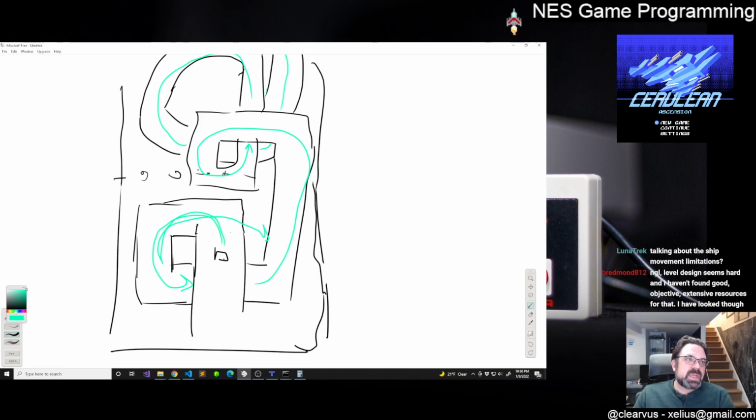Yeah, I mean, level design is tough, and that's why good level designers are, I think, considered to be a valuable resource at most companies, because anybody can just place stuff, right?